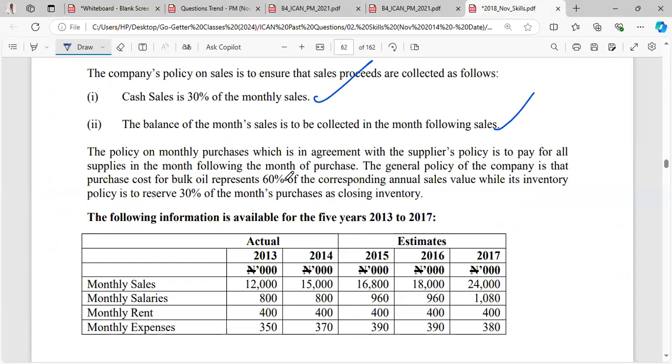And we are saying that it is in the agreement that you will pay 1 month later. What it means is that of the whole of 2013, 11/12 of it is paid in 2013. Just 1/12 is paid in 2014. So we'll do something similar to what we did for sales.